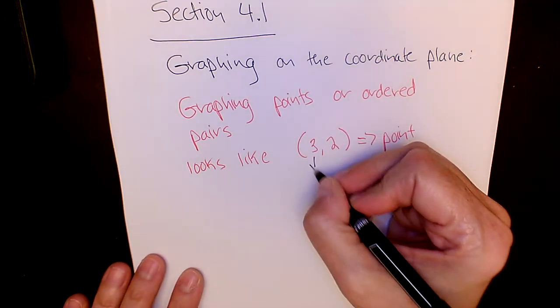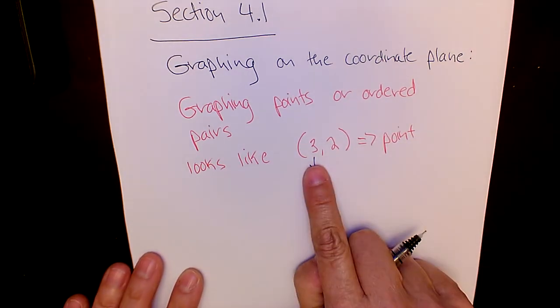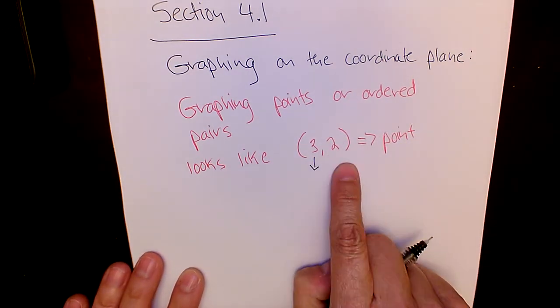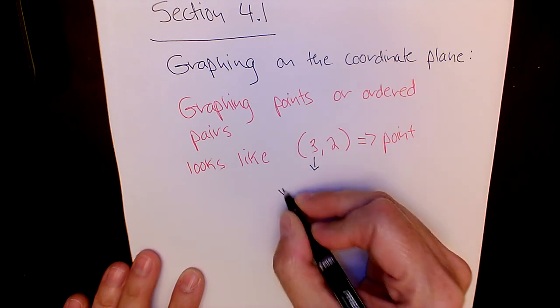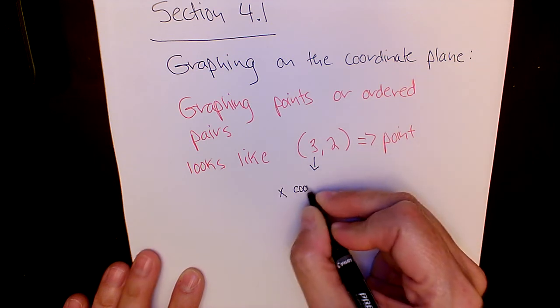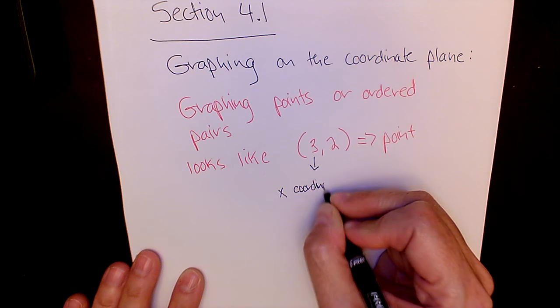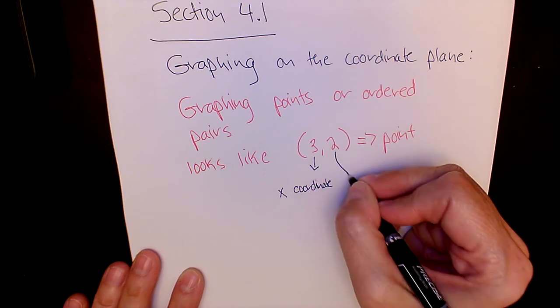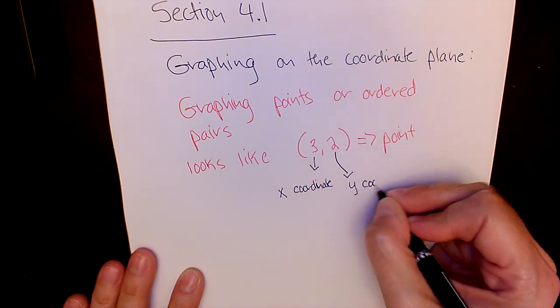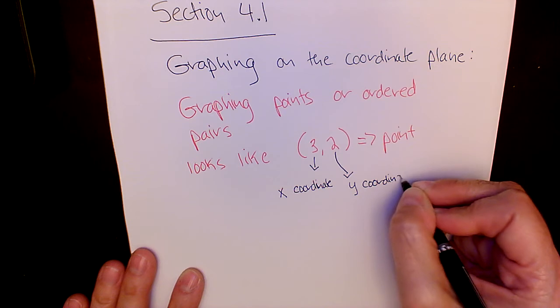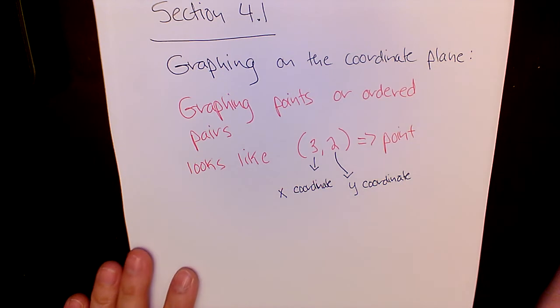And remember, your first number in the parentheses, right? The point needs to be in parentheses. So the 3 is called my x coordinate, and my 2 is called my y coordinate, and that helps us graph it. It must be in this order.